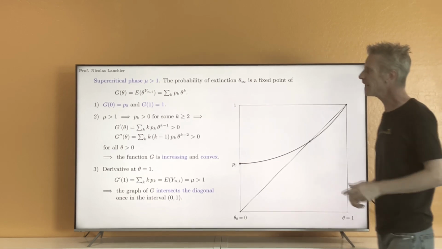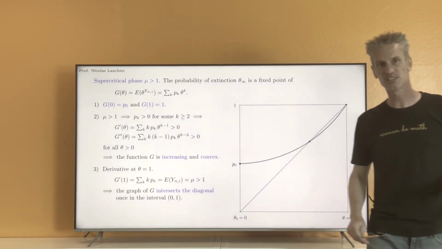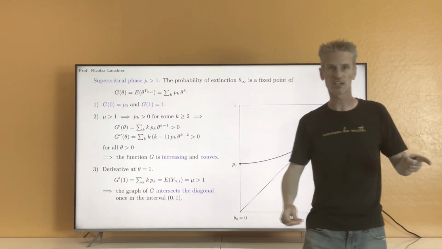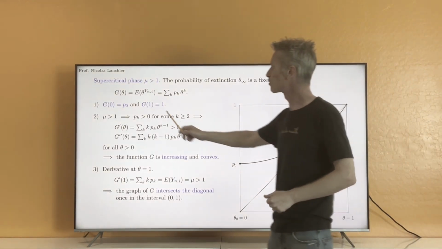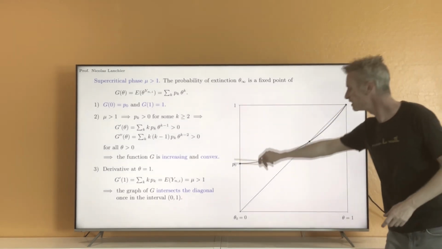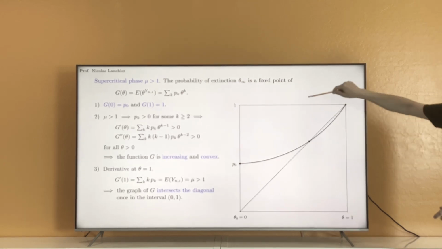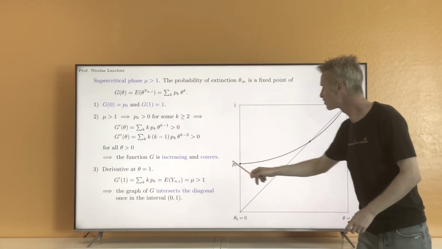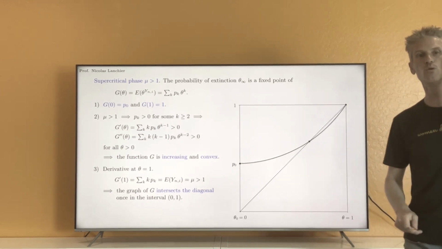But at least what we can say is that for any possible choice of the offspring distribution, if the expected value is strictly larger than 1, then the graph of the probability generating function should look like that. It should start in this interval (0, 1), should end up at point (1, 1), should be strictly convex, also strictly increasing, and so that's going to cut this straight line at only one point.